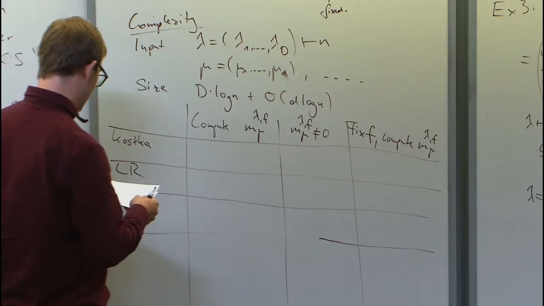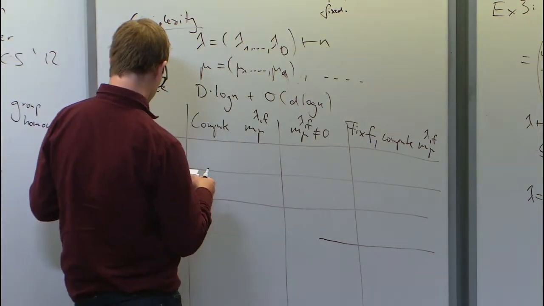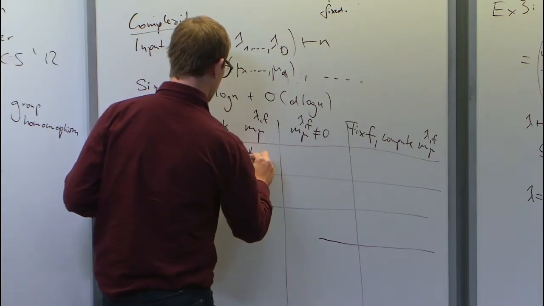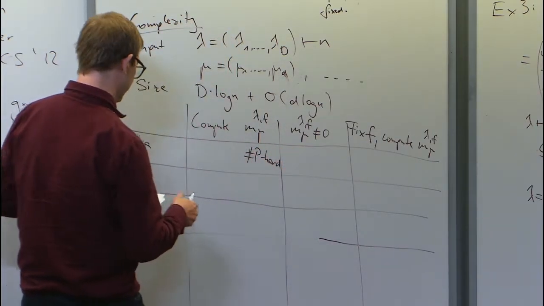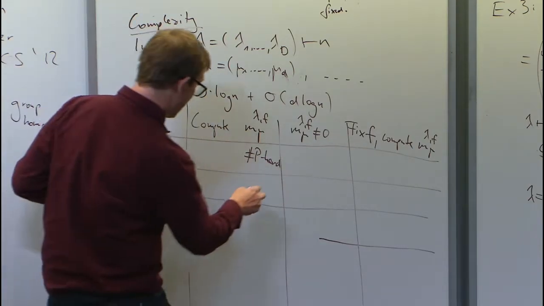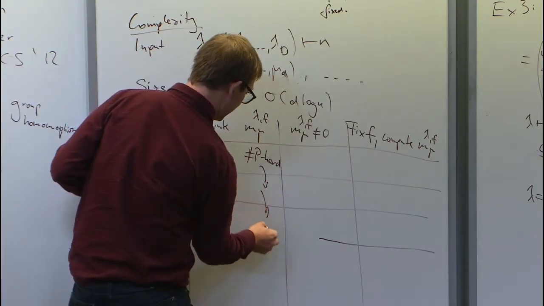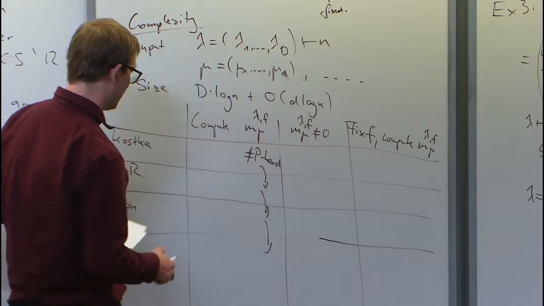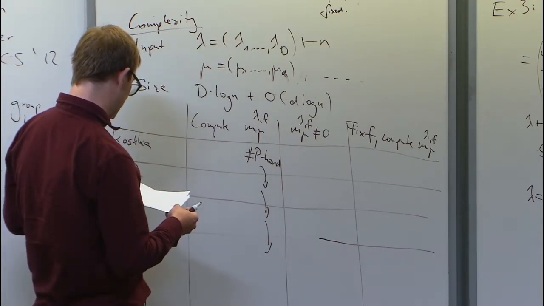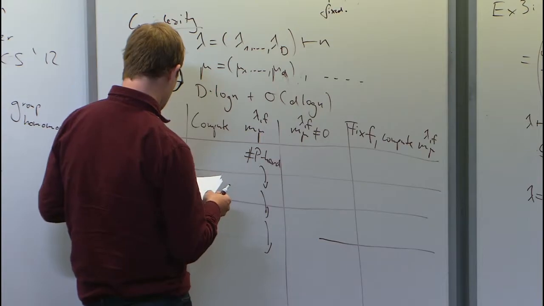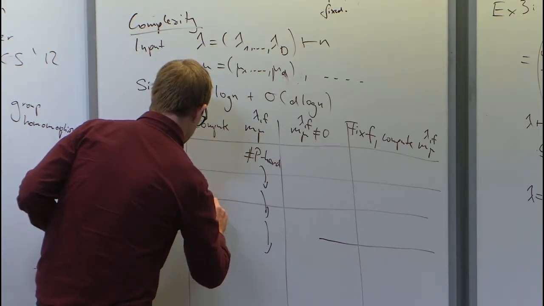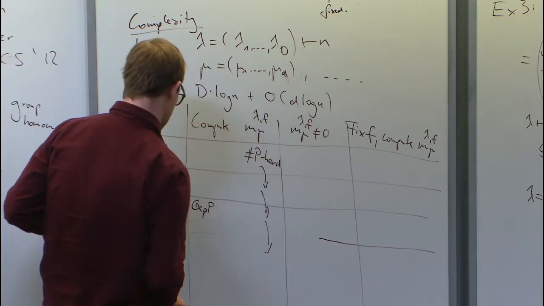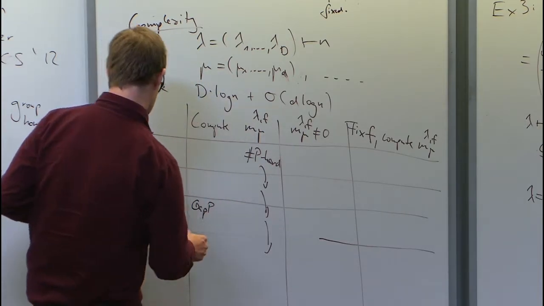Compute. So what's known? The Kostka numbers have been shown to be #P-hard by Narayanan, and this implies that all of them, including the plethysm, are #P-hard because they're special cases of each other. Then the Kronecker has been shown to be in GapP by Bürgisser and Ikenmeyer.